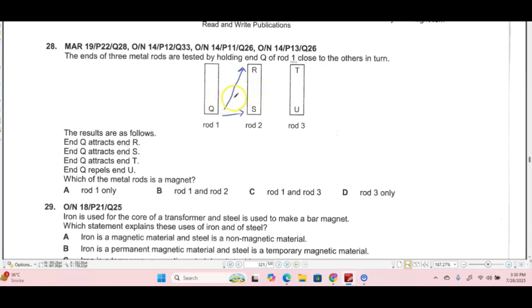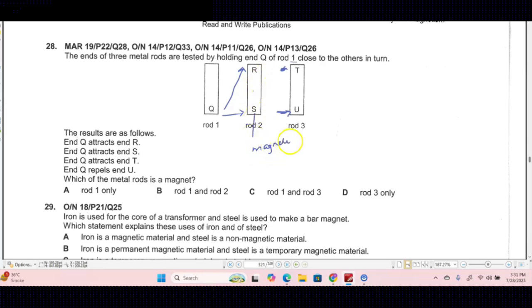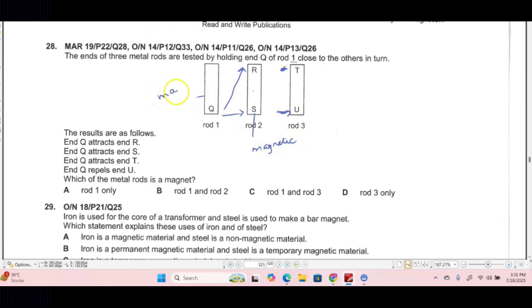End Q attracts end T and repels end U. This means that this is a rod made up of magnetic material, and this rod is a magnet as well.